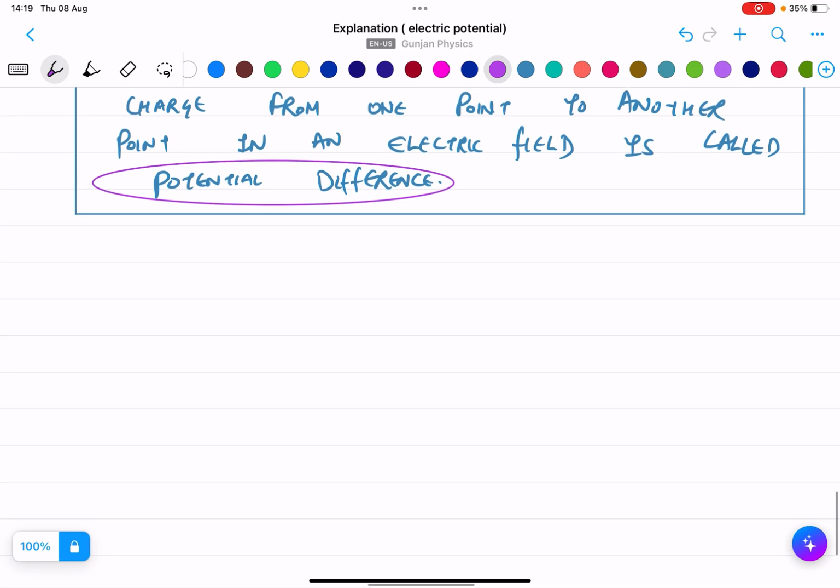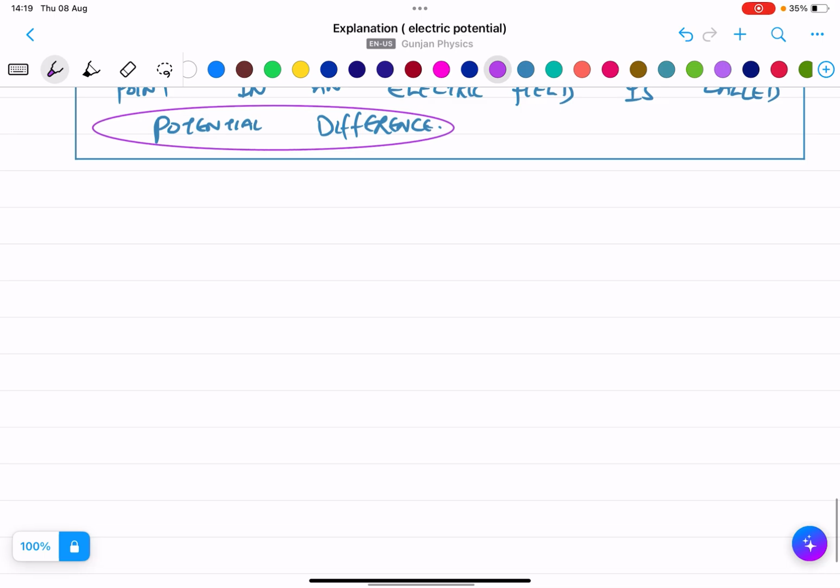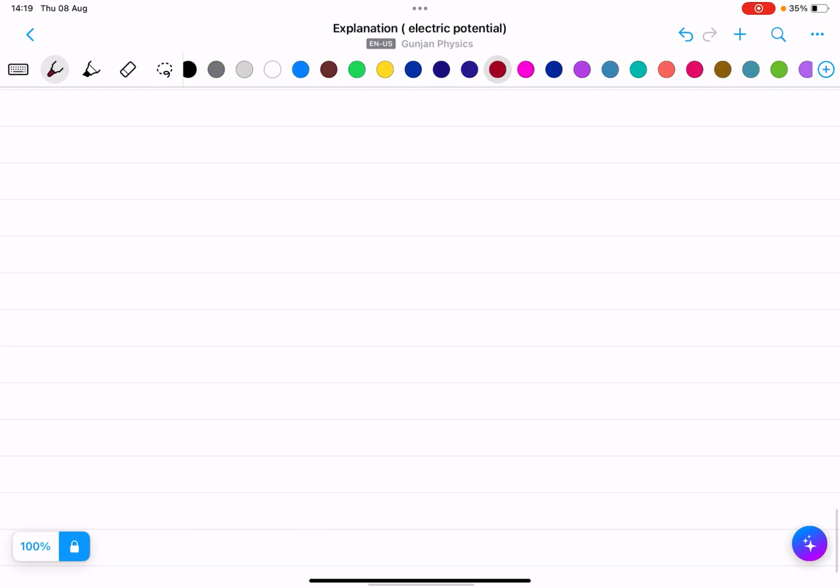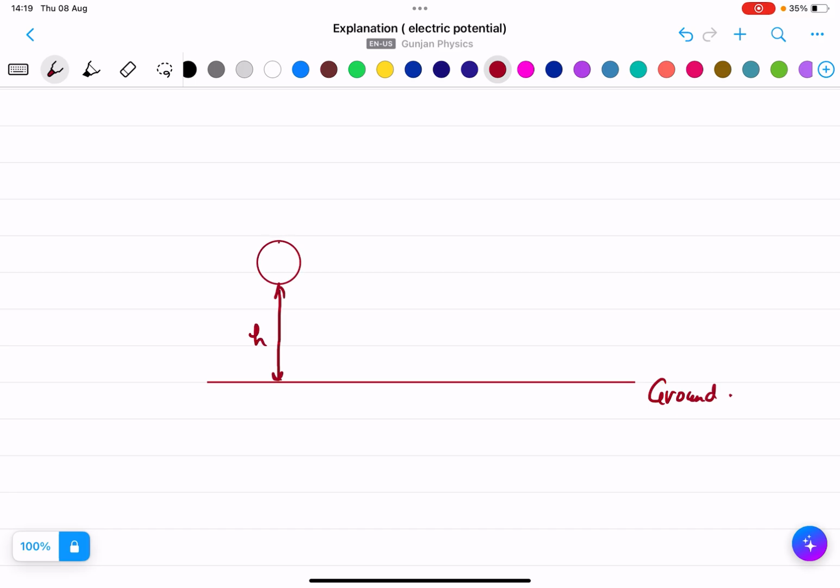Okay. And also let us take another example to explain you better. Suppose there is a ground, right? And there is a ball at height h. The ball is here at this height. Let us say this is h1 and I need to change its position.